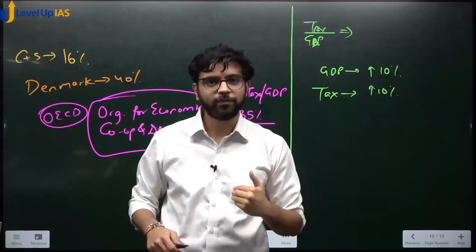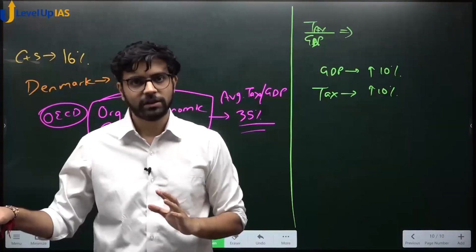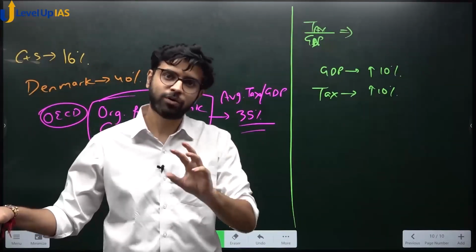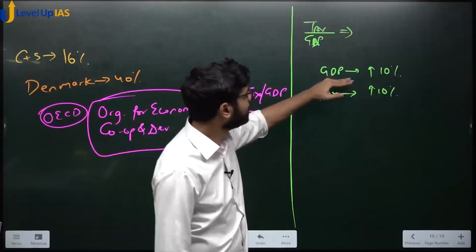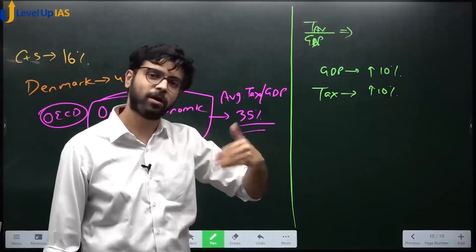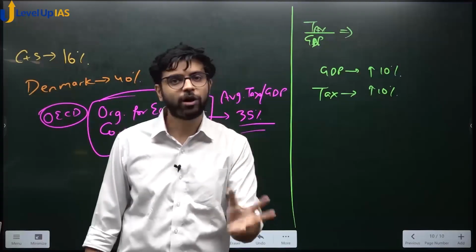So if your income is increased by 50,000, okay, the entire 50,000 cannot go in tax. A proportion of it will go to tax, yes or no, right? So that is why I am talking about percentage. If GDP increases by 10%, let's say your income increased from 1 lakh to 2 lakhs, double, then your tax, earlier you used to pay 5,000 tax, now you are paying 10,000 tax.